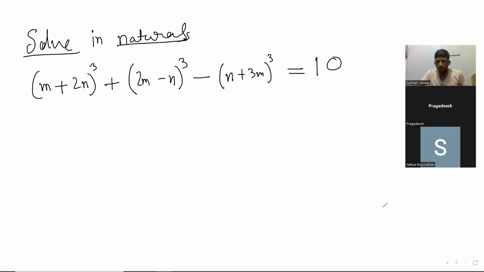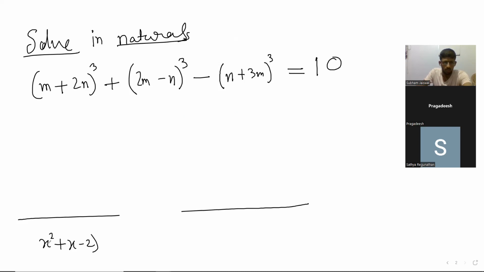And Praktish, for you, there is one more homework. Using the factorization that we discussed, try to solve this. So you can note it down. So like the a cube plus b cube factorization that we saw today, try to use that.